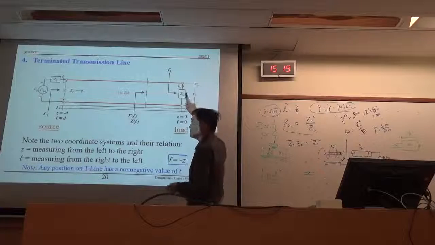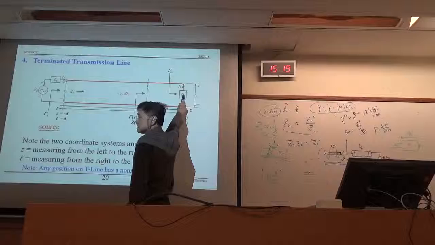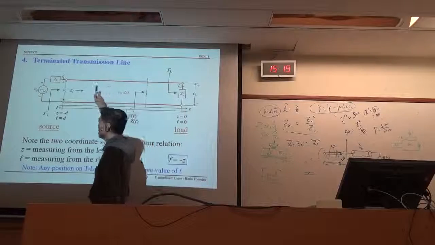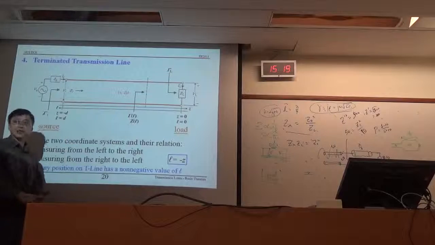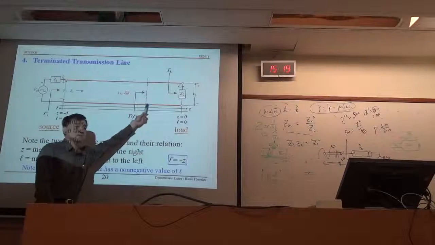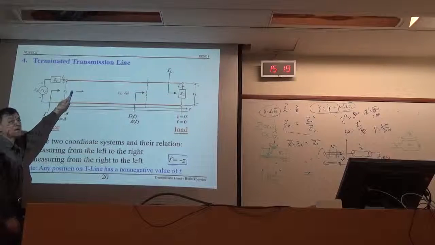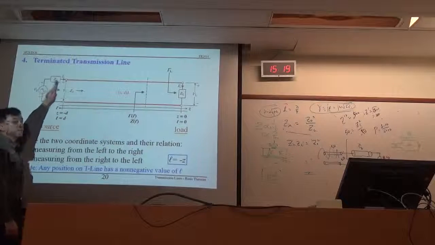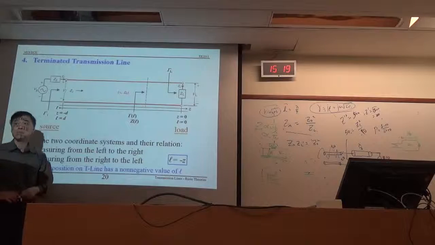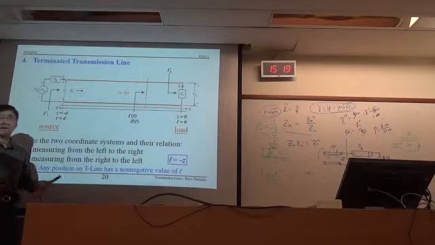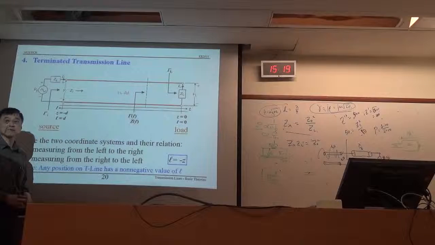With that equation, what we normally do is translate this ZL into a Zi over here. With this Zi and VG and ZG, I can find Vi and Ii, because this is a simple Thevenin equivalent circuit.